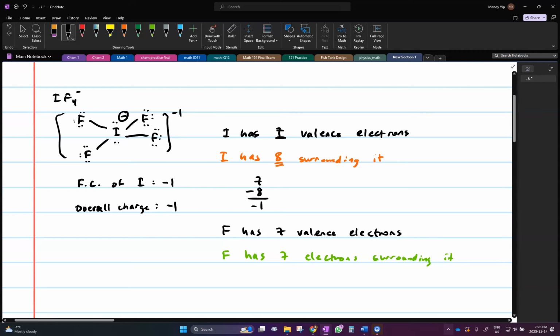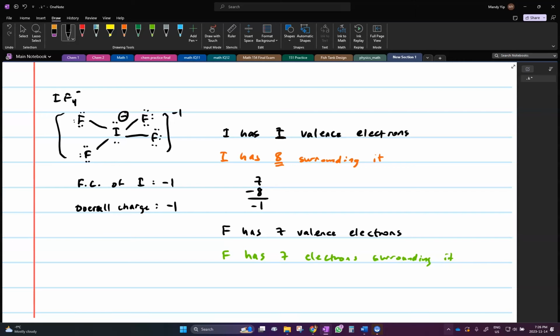Now let's do the oxidation number. So oxidation number is basically the temporary formal charge of an atom if each bond is an ionic bond, meaning the more electronegative atom is going to fully assimilate an electron from the less electronegative atom.